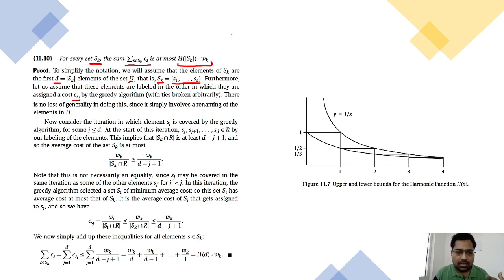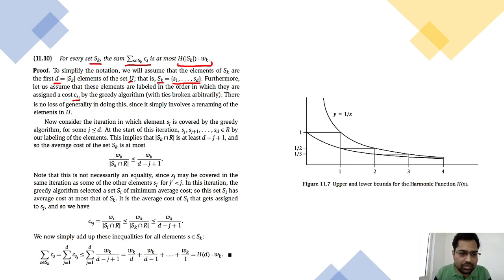Suppose the cost of each element assigned here is c of s j. This represents, for each element belonging to s j, the greedy approach cost for each element which belongs to s j.